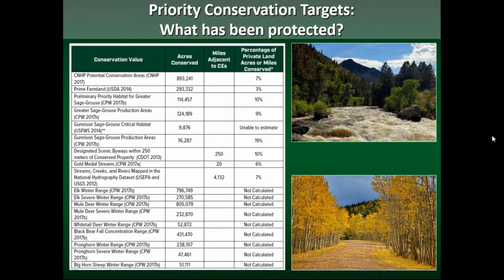Then the fourth column indicates the percentage of the private land acres or mileage that is conserved out of the total that have these attributes. So the first column indicates those areas of critical importance and breaks it out in more specificity. Next, please.